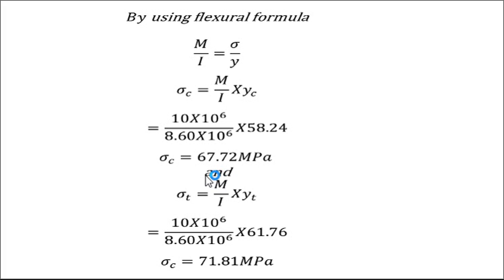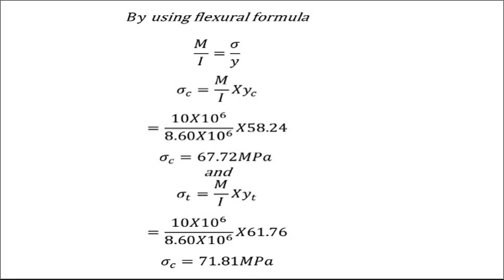After that, the bending stress on the tension side. So that symbol is sigma T. T is tension, C is compression. Again, the formula is the same, the flexural formula M upon I into yt. There is a change only for yt. So yt is the distance of the neutral axis from the bottom fiber, because on the bottom side our tension zone is there, or tensile stresses are there below the neutral axis.